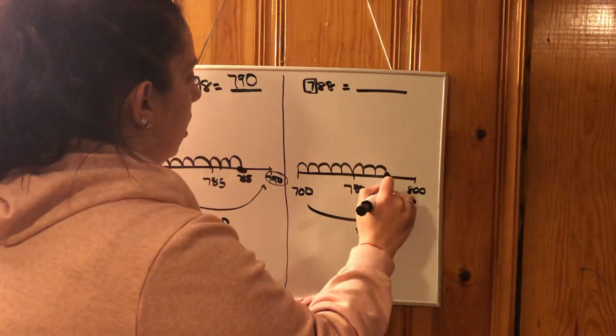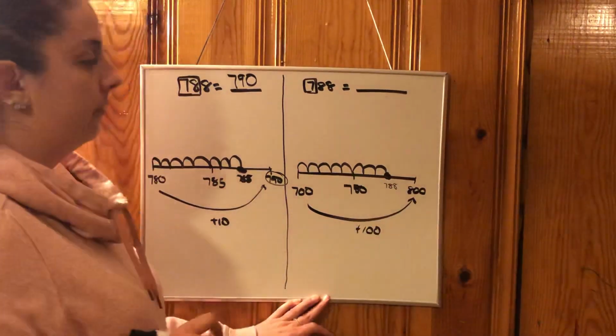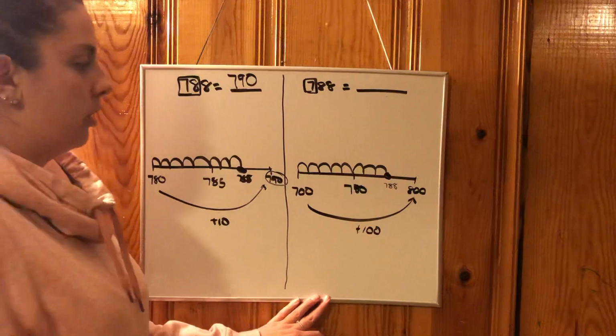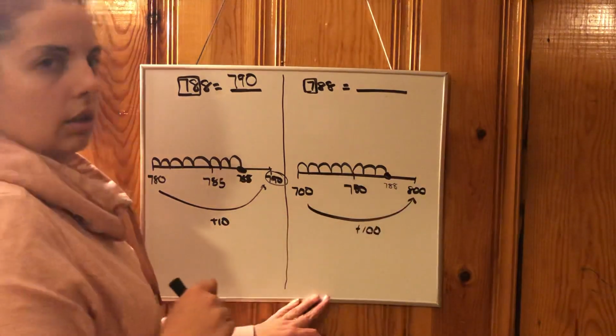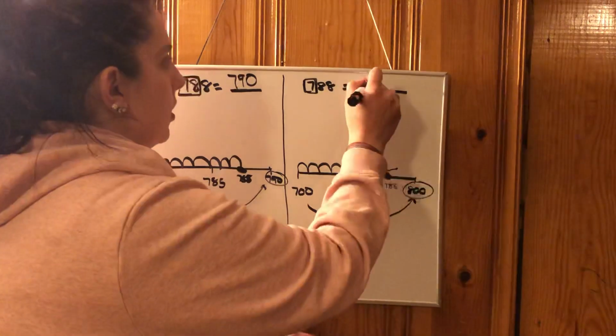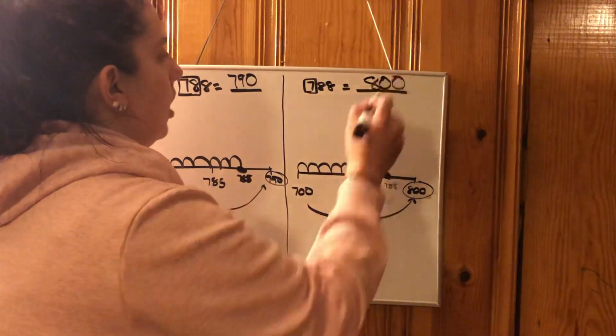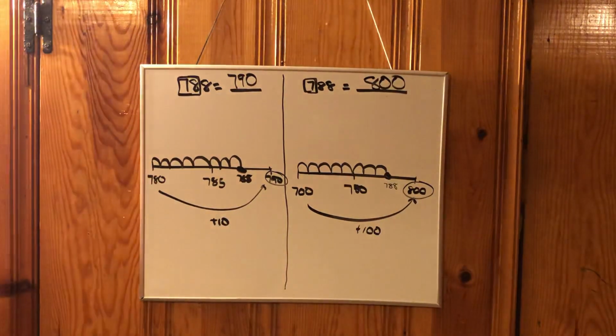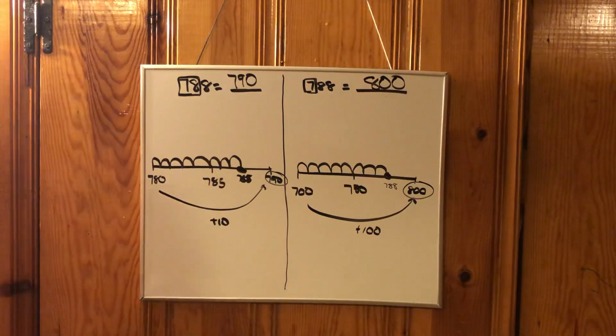So 788 is right about there. Is it closest to 700 or 800? It's closest to 800. So we would say that 788 rounded to the nearest 100 is 800 because it is closer to 800 than it is to 700.